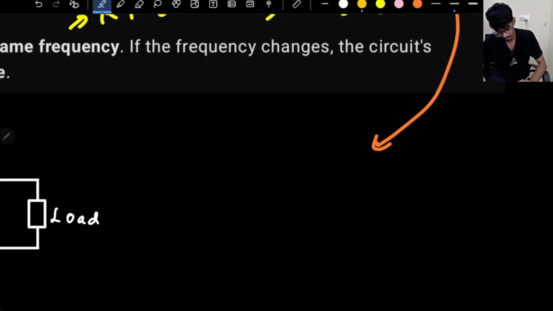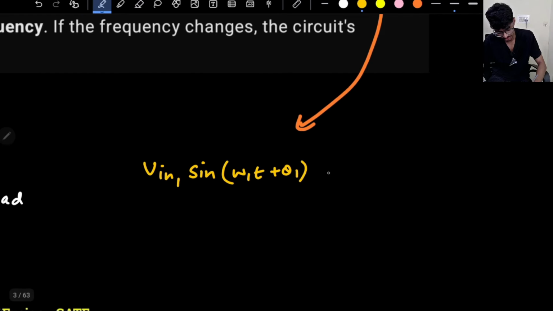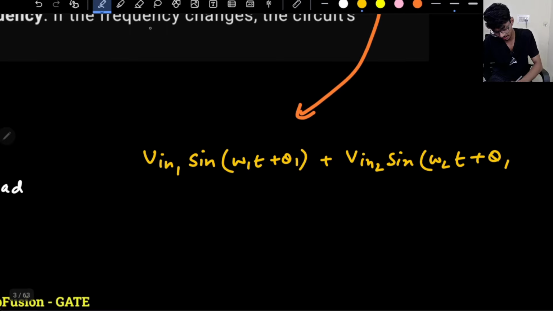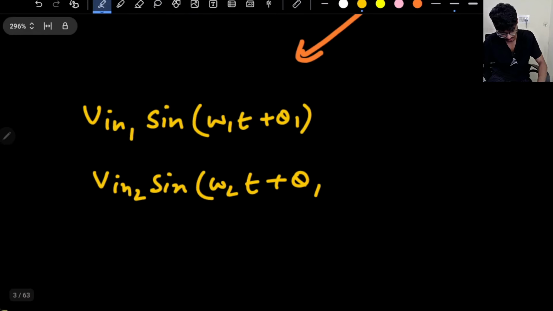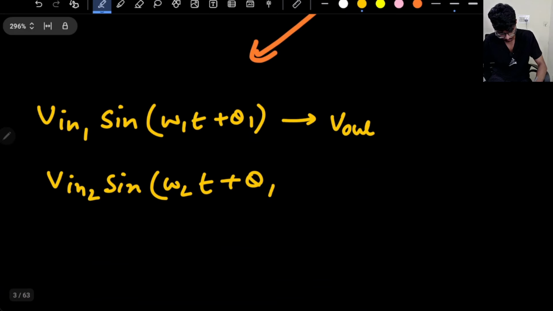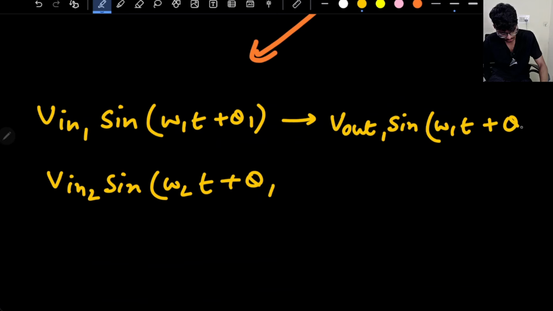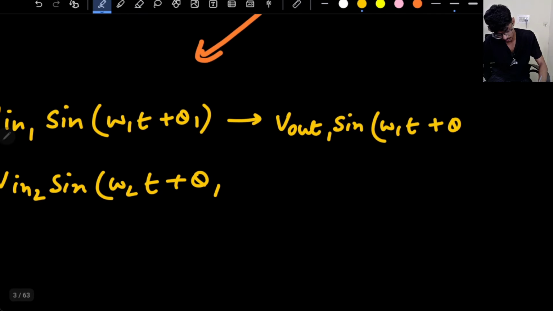So I will write here V in 1 sine of omega 1 t plus theta 1, plus another source, V in 2 sine of omega 2 t plus theta 2. Individually, if I find the responses for each of these sources, the response is somewhat like this. For the first one, it is V out 1 sine of omega 1 t plus theta dash 1.